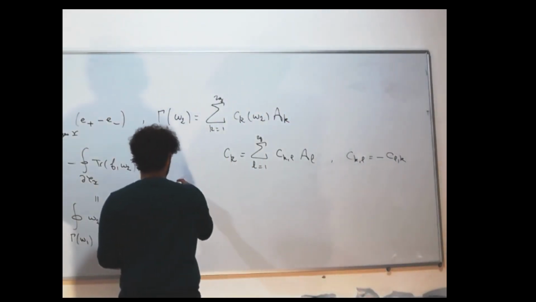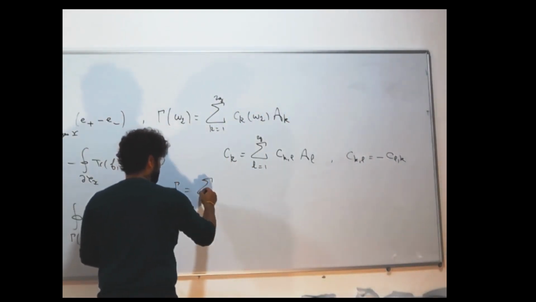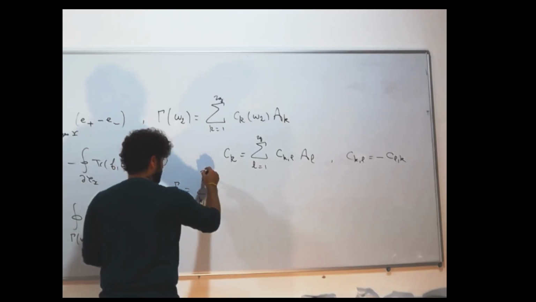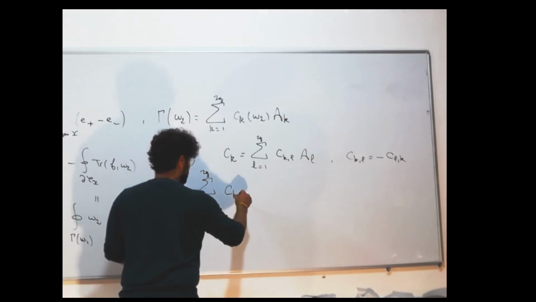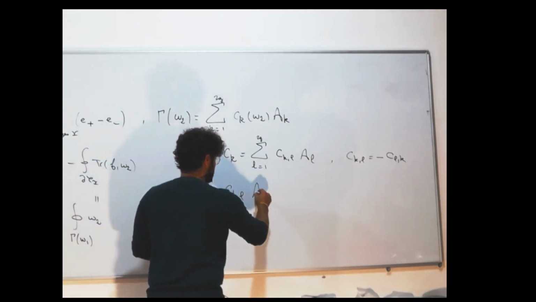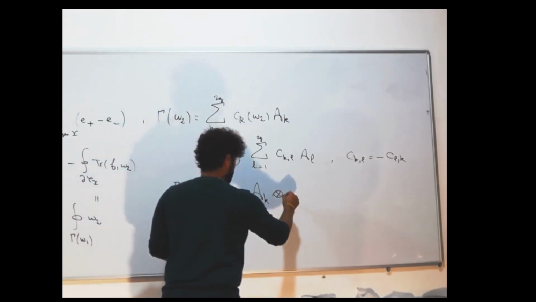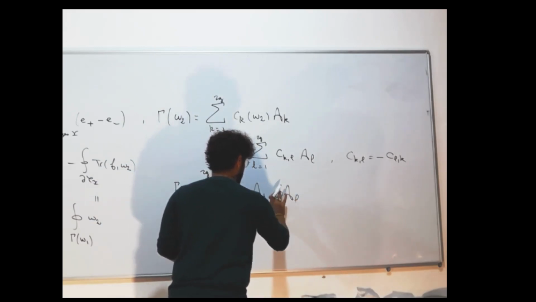Okay, so we define the sum over K, L from 1 to 2G of CKL of AK tensor AL.